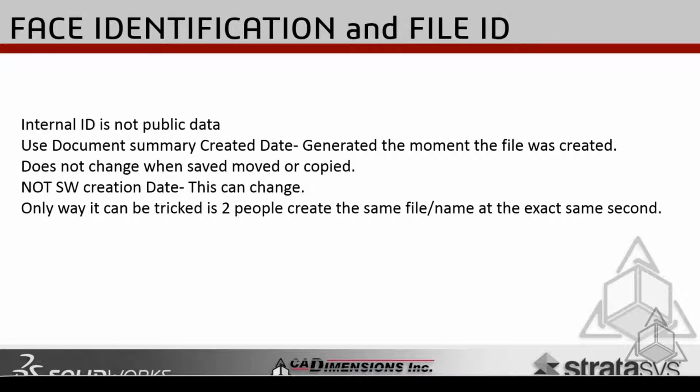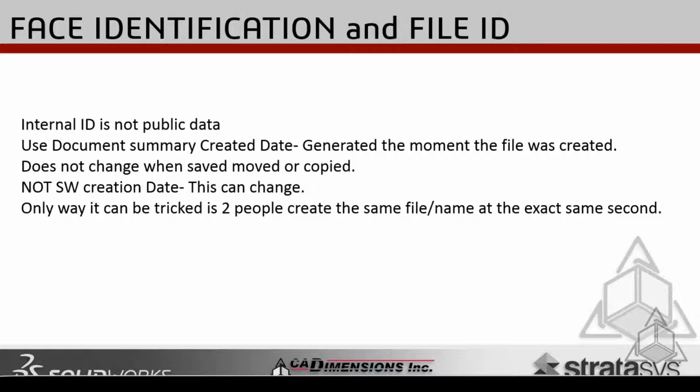Now, file ID is created in a very unique way. So we're all used to being able to right-click on a file in Windows and seeing the created date. Now, this is done in the document summary, and sometimes this created date can be modified in Windows. But inside the file itself is something called the document summary created date, and there are ways to get this information out of the file.